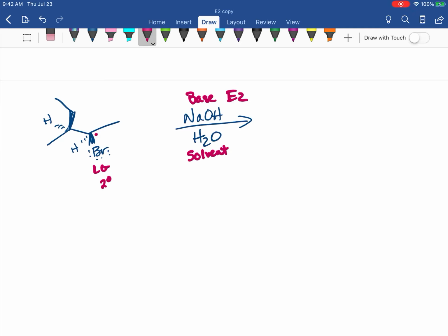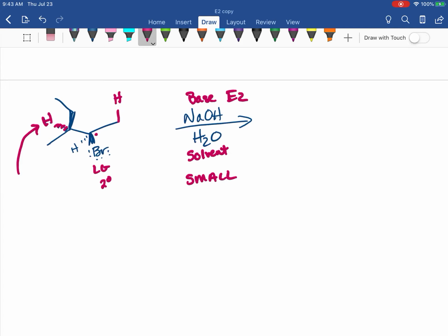And now we've learned that we check our size. Size matters. This is small. So small lets us choose the right beta hydrogen. We have two options for beta hydrogen. Which one do we choose with our small base? This one.